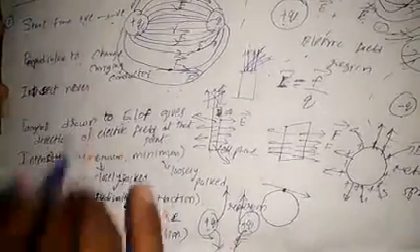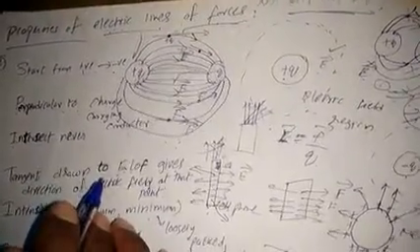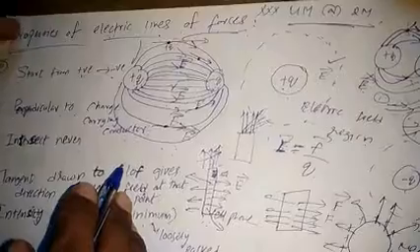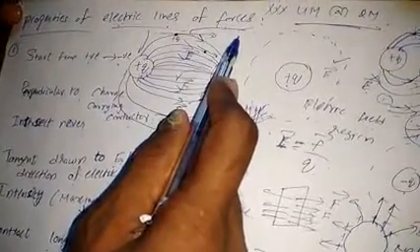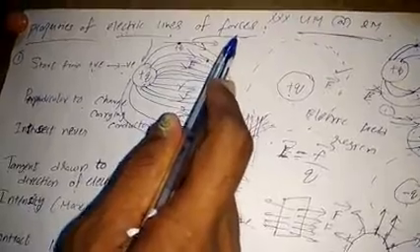Okay, right? So far, we are again going to discuss a simple topic. This is a 4-mark or 2-mark question, a very important question: properties of electric lines of force.